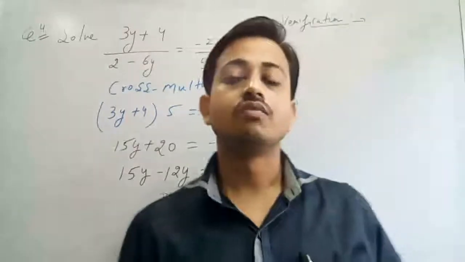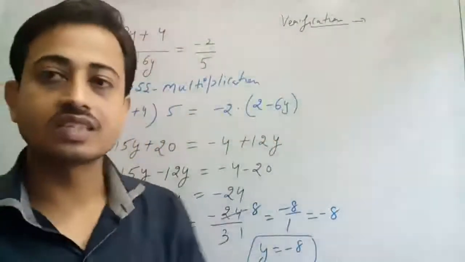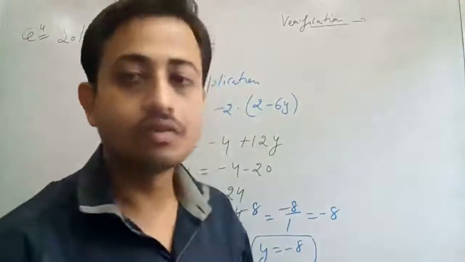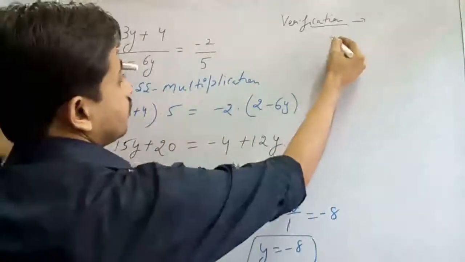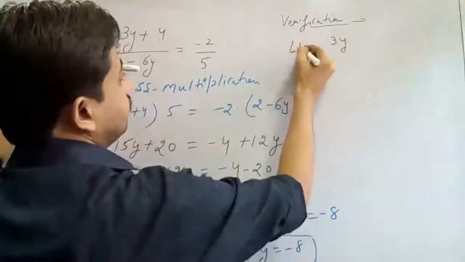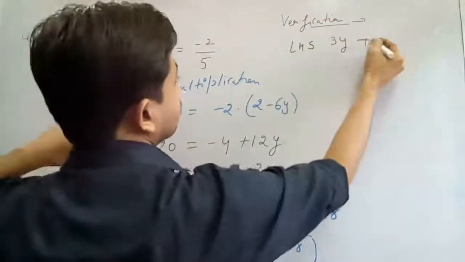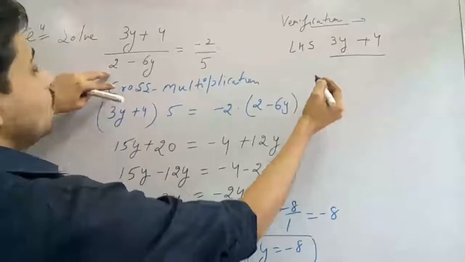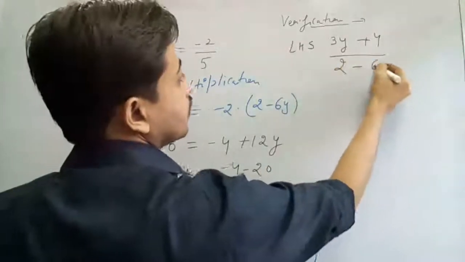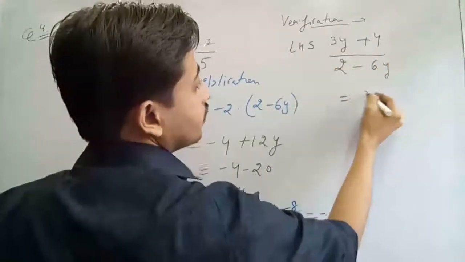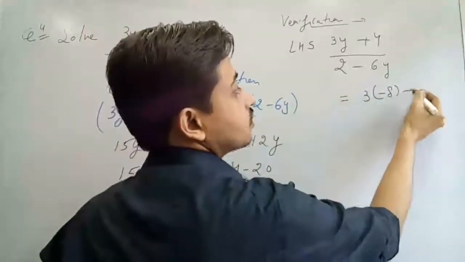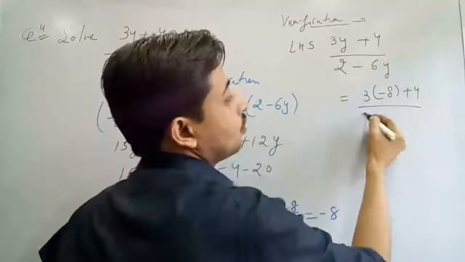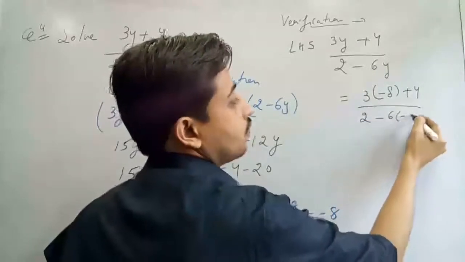Because if you do verification, then there is no need to check the answer at the end. Now what's the left hand side? 3y plus 4 divided by 2 minus 6y. Now put the value of y. y is minus 8. 3 into minus 8 plus 4 divided by 2 minus 6 into minus 8.